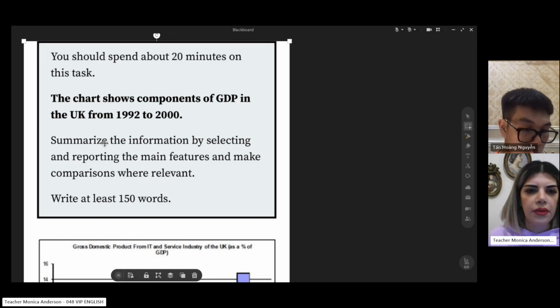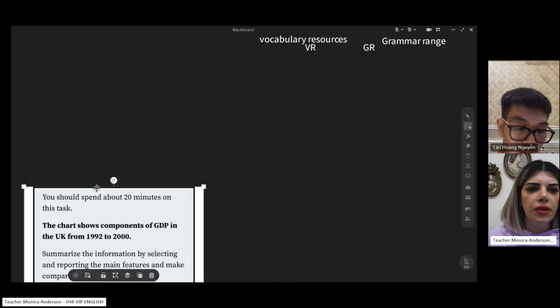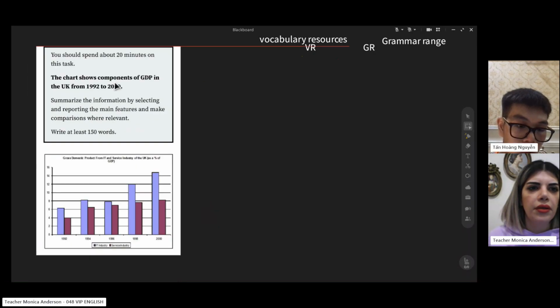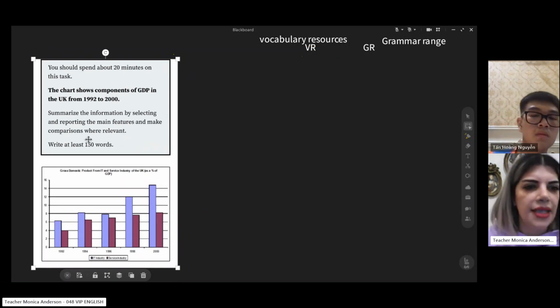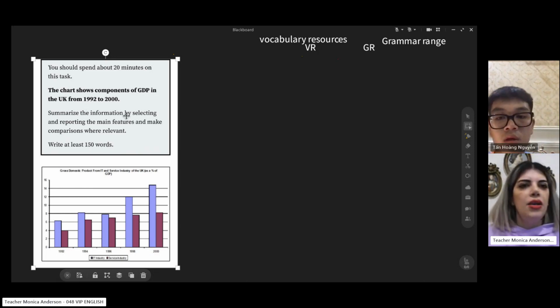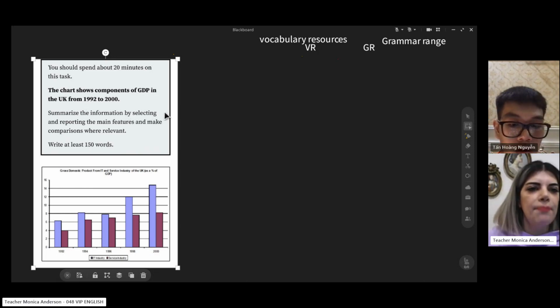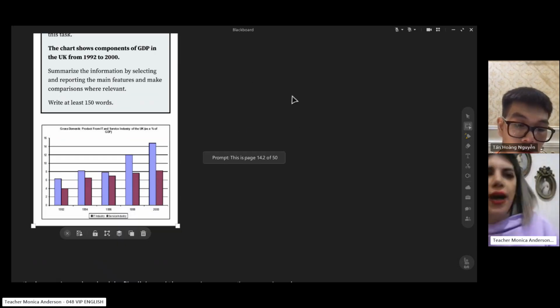Okay, let me make it a little smaller. Okay, so we have something like this. Yes. So, okay, we have a bar chart, so let's write.